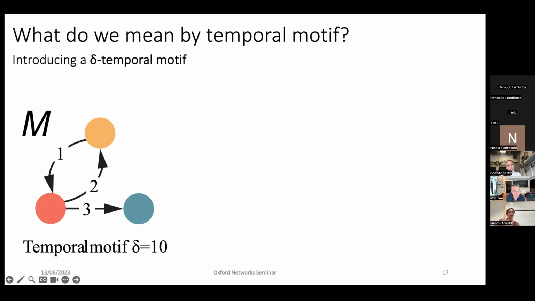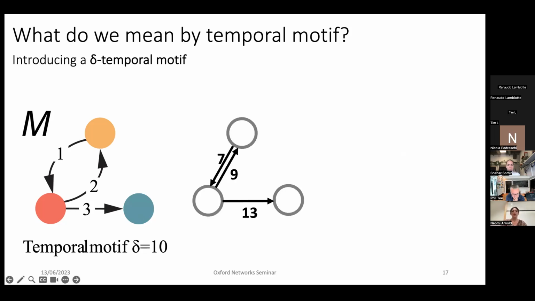And along with this is a parameter delta, which is a time window by which the motif has to complete. So the difference between the last transaction and the first transaction has to be smaller than delta. It might be minutes, hours, days, depending on what sort of patterns you're interested in finding.